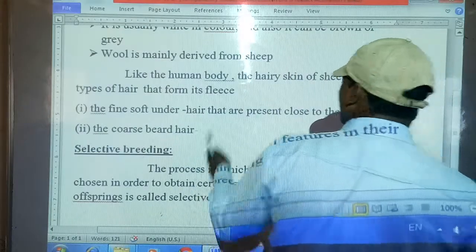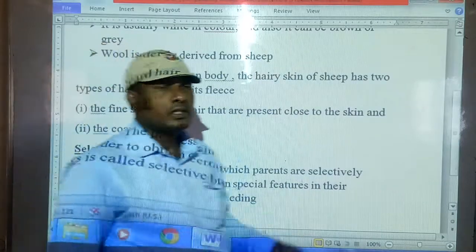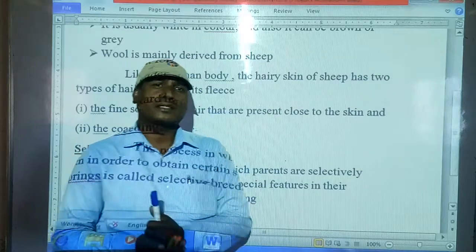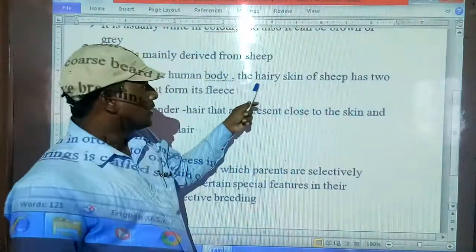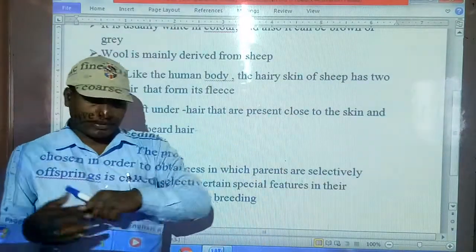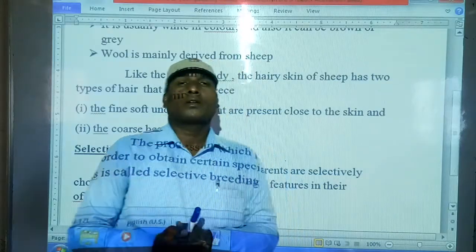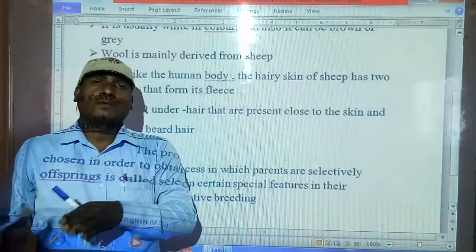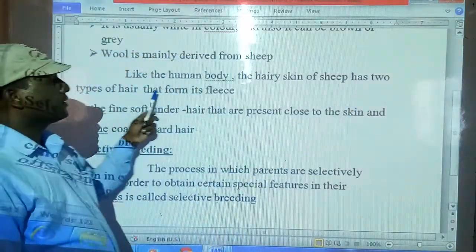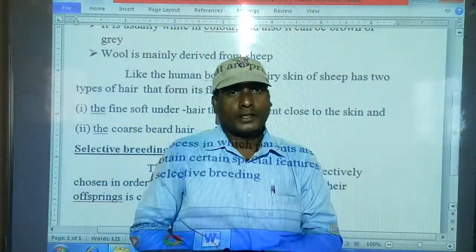Students, like a human body, the skin of the sheep has hair. Our body skin also has some hairs. Similarly, on the skin of the sheep there are hairs, but it has two types of hair that form its fleece, which we use to make wool.